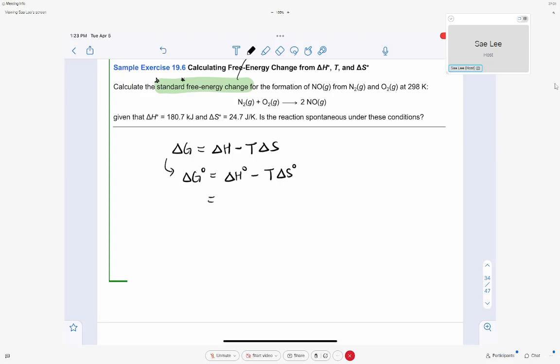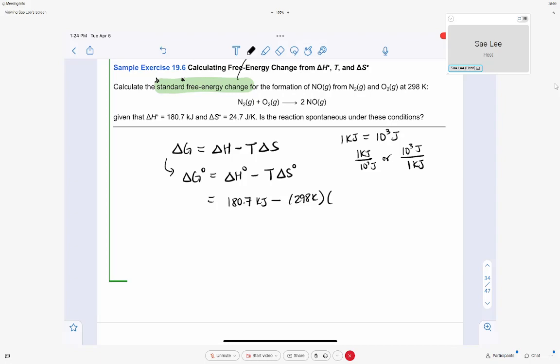The standard enthalpy change is 180.7 kilojoules, minus the temperature, 298 Kelvin. The entropy is in joules, so we want to convert joules into kilojoules. Since we know that a kilojoule equals 10 to the 3 joules, we can have either this ratio or this ratio.